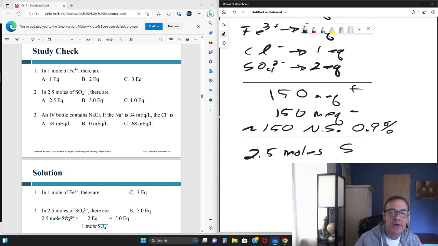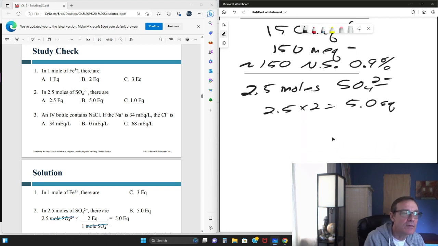For each sulfate you have 2 negative charges, so you need to multiply 2.5 times 2 to get the number of equivalents, which is 5. Measure the charge: the charge times the concentration in moles will give you the equivalents.